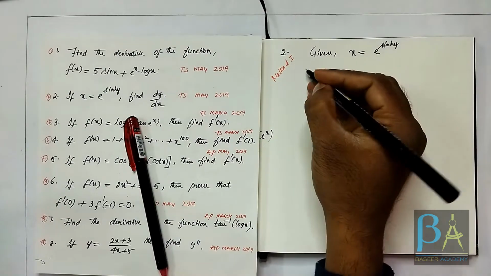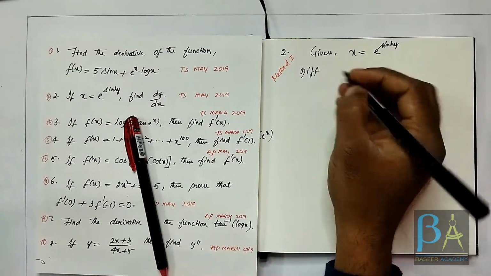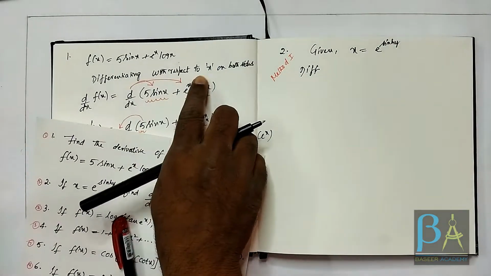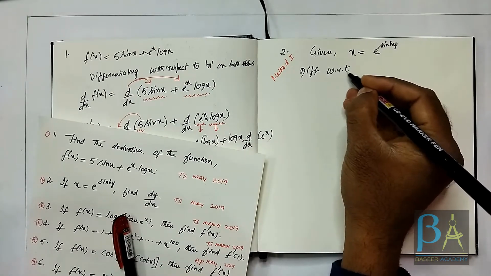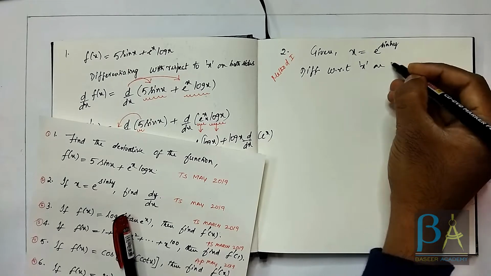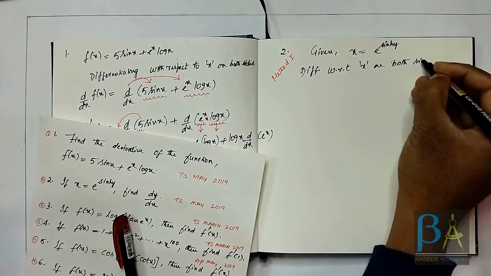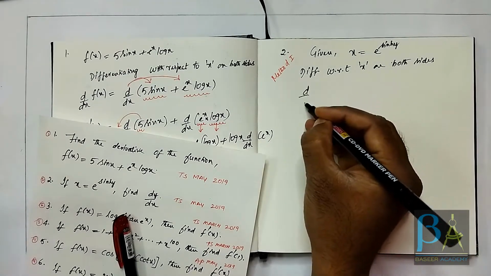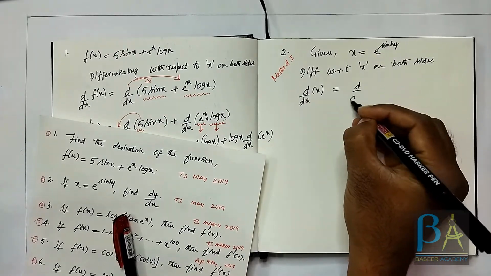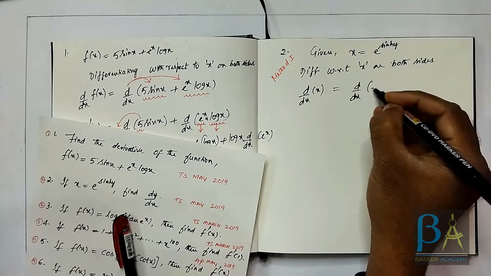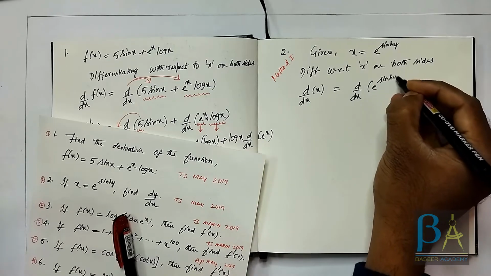Now let's write here, differentiating with respect to, I can just use the abbreviation WRT, which means with respect to x on both sides. Let me differentiate the left hand side, which is x, and then let me differentiate the right hand side, which is e power sinh y.